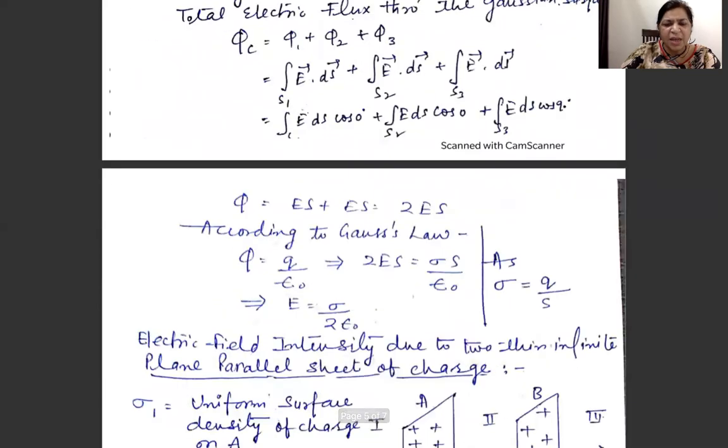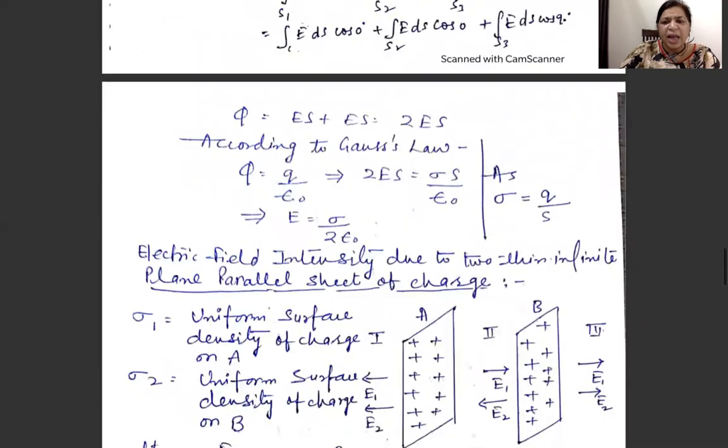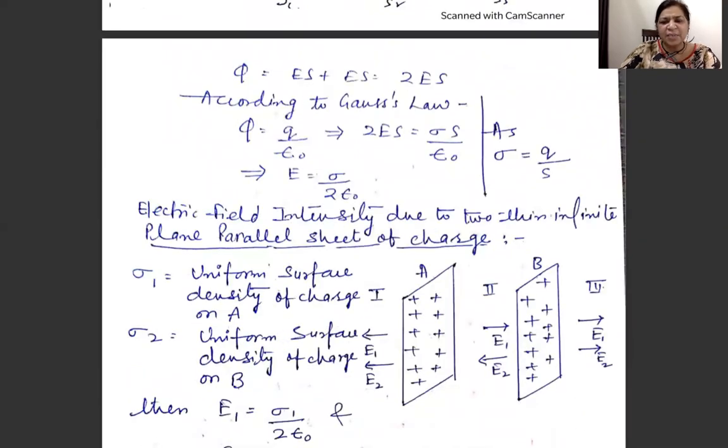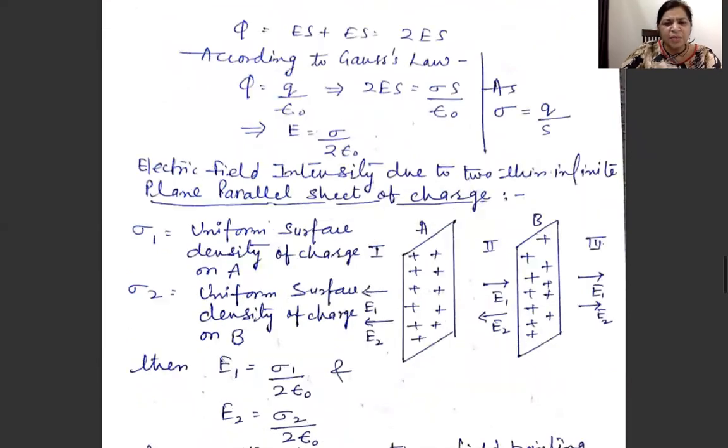Now, according to Gauss theorem, we know that phi is equal to Q by epsilon naught. By putting the values for phi as well as Q, we have 2ES is equal to sigma S by epsilon naught. As we have already discussed, sigma is equal to Q by S, so we can have Q is equal to sigma S, which I have inserted here. So E is equal to sigma by 2 epsilon naught. We have the value of the electric field intensity because of this sheet.